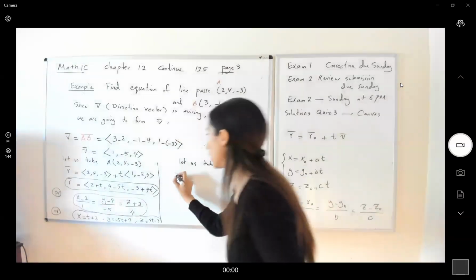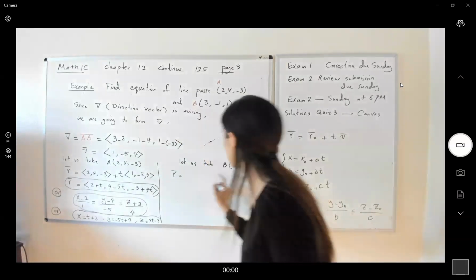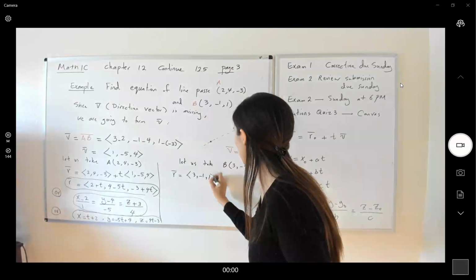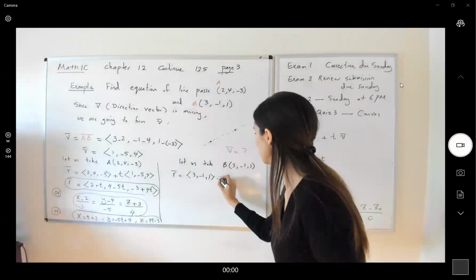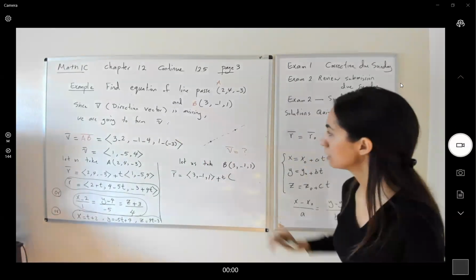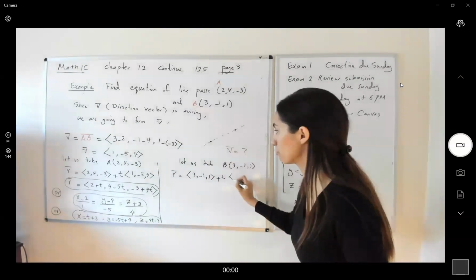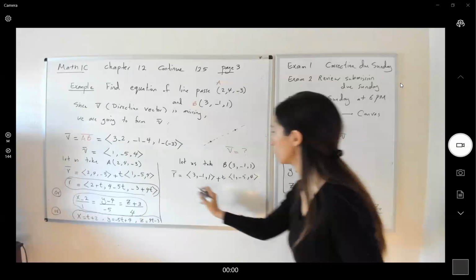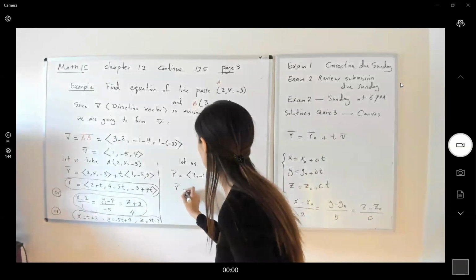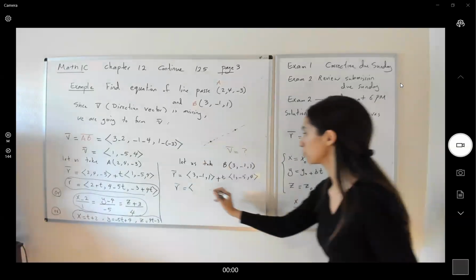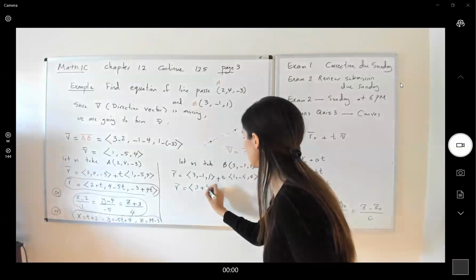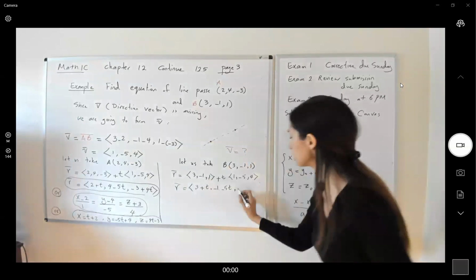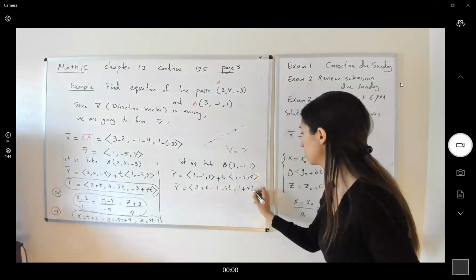Our R is now equal to the beginning point, 3, negative 1 and 1, plus t v, our v is equal to 1, minus 5 and 4. So our R is equal to 3 plus t, negative 1 minus 5t, and 1 plus 4t.